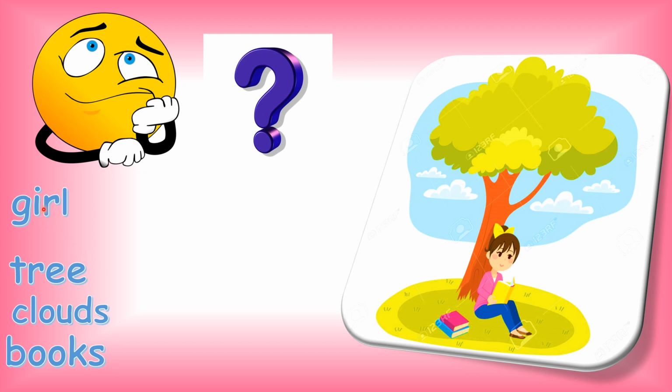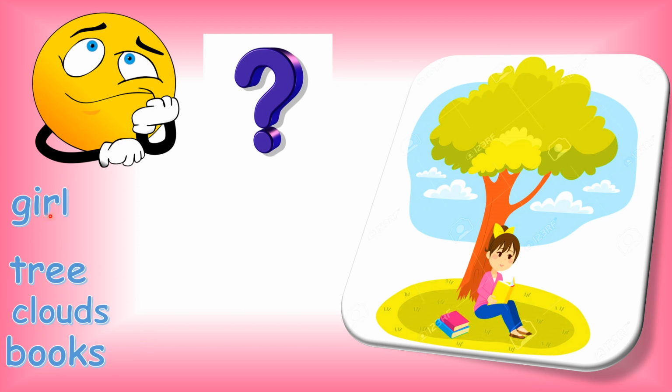So here we are going to talk about the girl, tree, clouds and books. Children, remember one thing. In a sentence, about whom we talk is our subject. So here, girl, tree, clouds and books are going to act as subjects. Now we are going to add a predicate to these subjects to form a sentence.